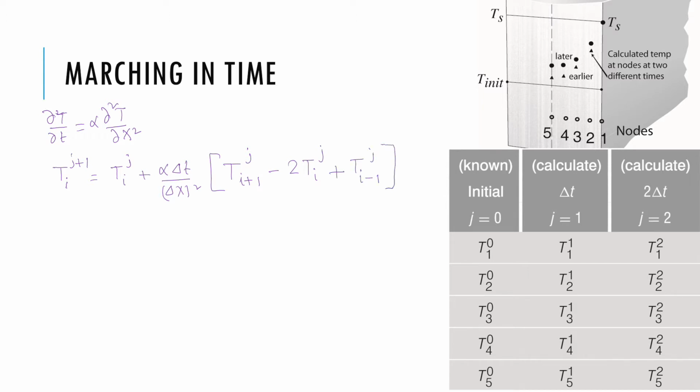So I rewrote the equation that we just derived. This one has been converted to this one, and then let's just relate this i, j.